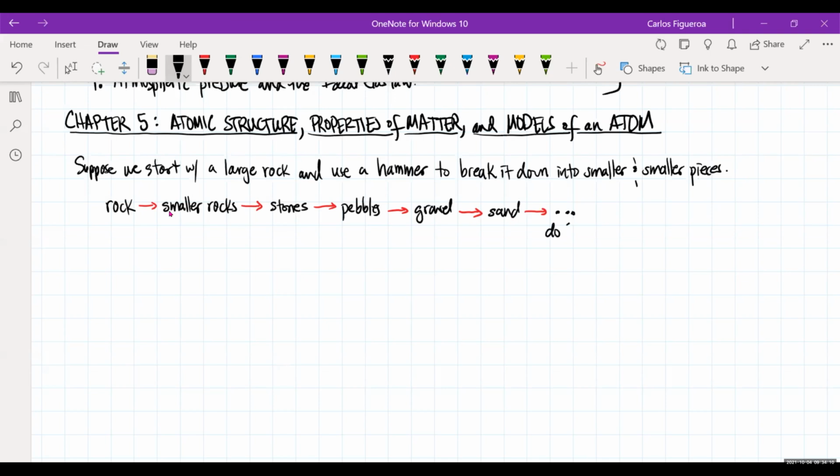do things continue to get smaller indefinitely or forever? Can I continue this process and just get smaller and smaller and smaller? And the answer, according to physics, is no, you cannot do this.